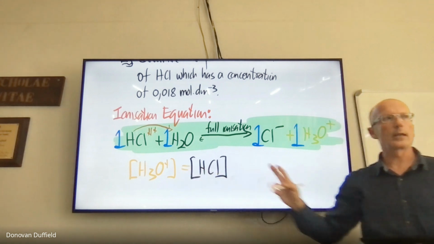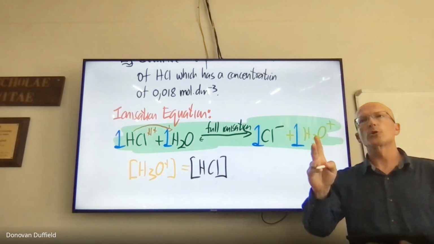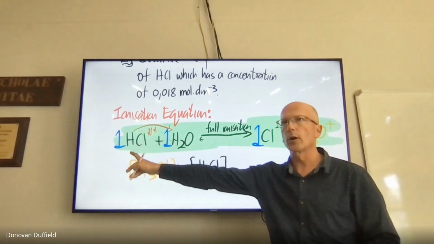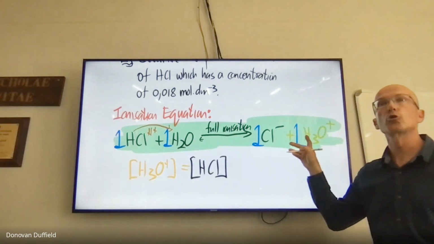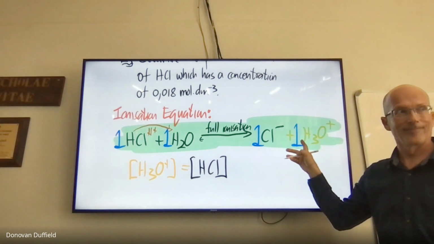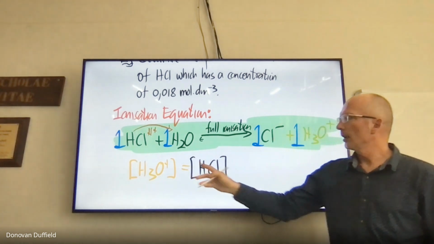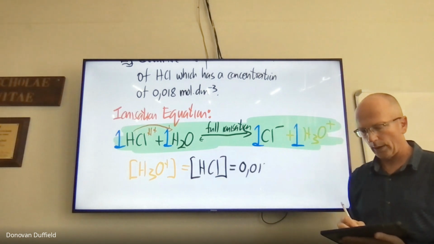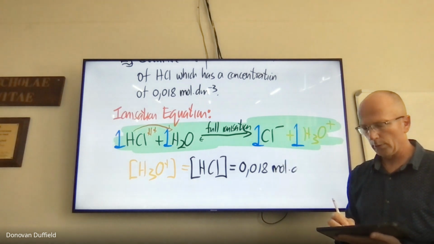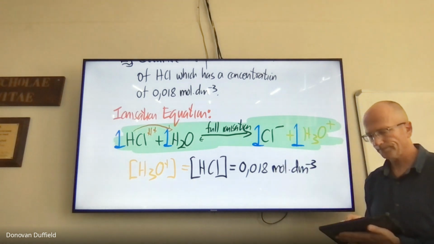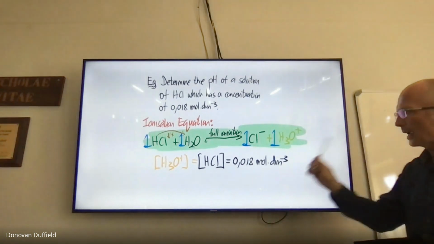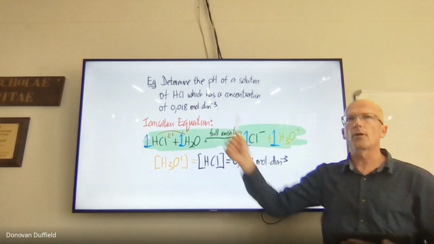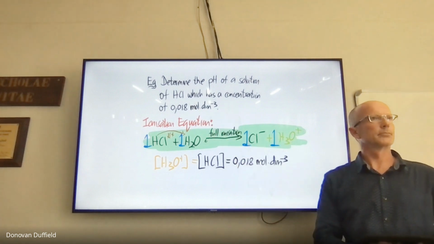That is super important, because when it comes to diprotic acids like sulfuric acid, 1 mole of H2SO4 is going to produce 2 moles of hydronium ions. Okay, so now what was the concentration of HCl? Well, it was 0.018 mole per cubic decimeter. So we can get the concentration of the hydronium ion from the concentration of the acid.